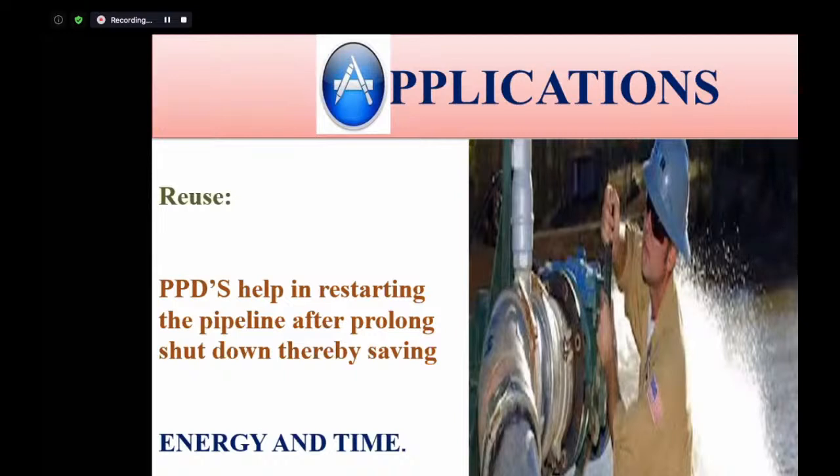That means when you are restarting the pipeline or the production tubing after a shutdown. Let's say the crude oil price achieved a negative value, as we encountered in recent months. What will happen? Some of the companies would shut down for months, then they would restart the pipeline, and if it is a waxy crude oil, it will completely block your tubing or your pipeline.